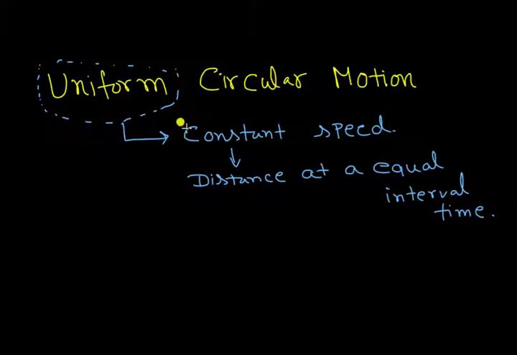First we have to lock these things. Uniform means constant speed. Now if it is circular motion, what will be the definition of circular motion? When a particle moves with a constant speed in a circular path.